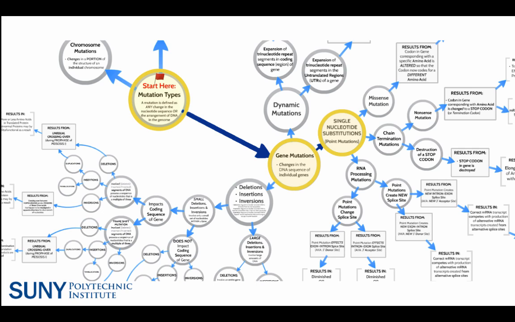Recall that the codons of the mRNA code for specific amino acids of the protein that the gene codes for. Also recall that certain codons of the mRNA code for the cessation of translation. These are stop codons. Both of these types of codons can be impacted by changes in their corresponding triplets of bases in the coding strand of the DNA.